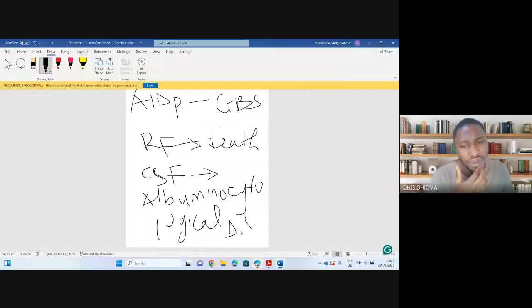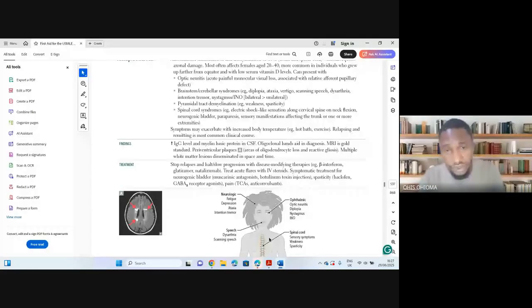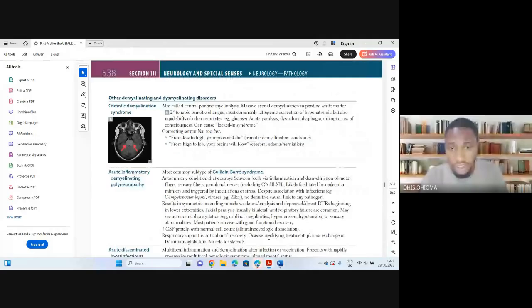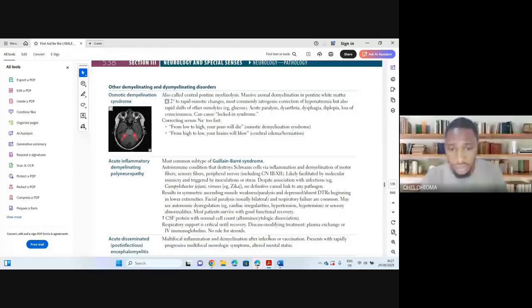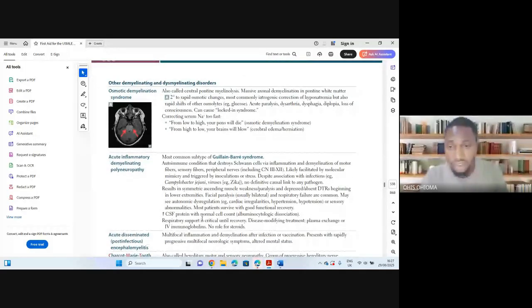So basically you have an increase in protein and the cells are just normal. What it simply means is that it's not really an inflammatory reaction. It's just an autoimmune reaction, and you see that in the patient's CSF. That's very high yield for you guys to know, and that's what I'm trying to show here. You can see that there's increased CSF protein, but the cells are actually normal.